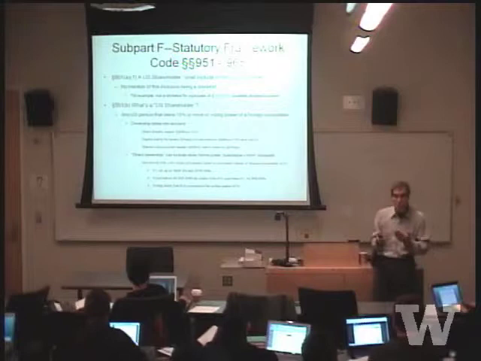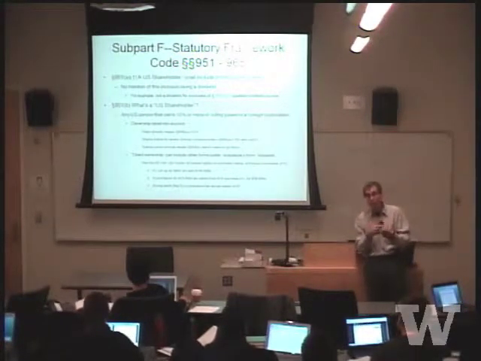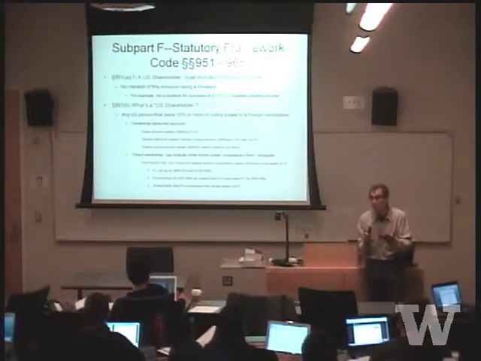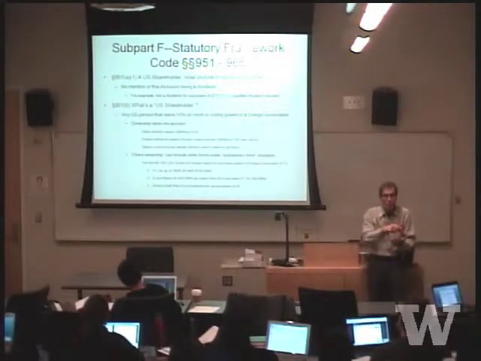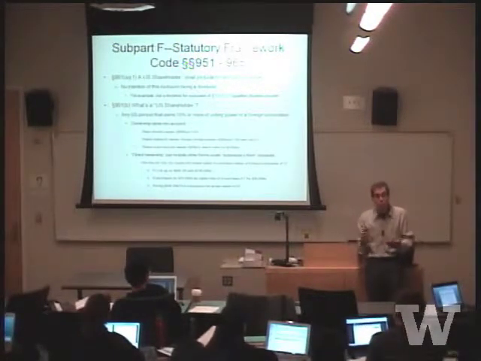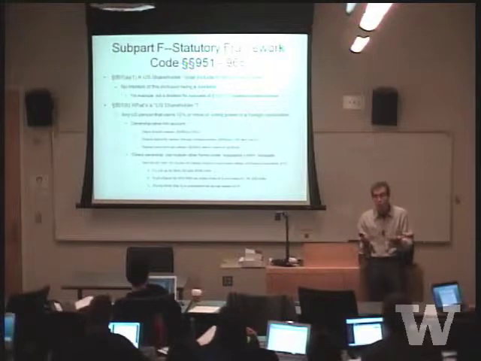Then, of course, from a foreign entity, you're not going to have a dividend. I'll get to you in a moment. We don't have a dividend because we don't have a corporation making a distribution with respect to stock, if it's a disregarded entity under the check-the-box rules.